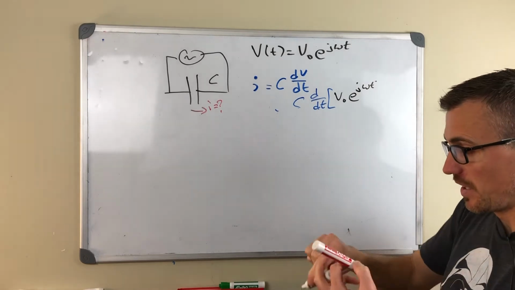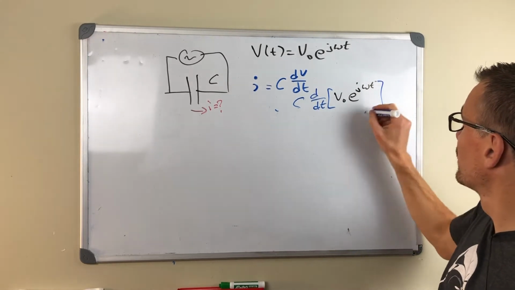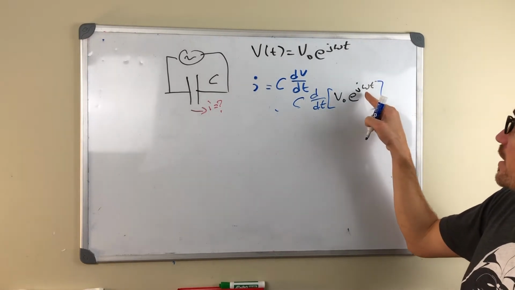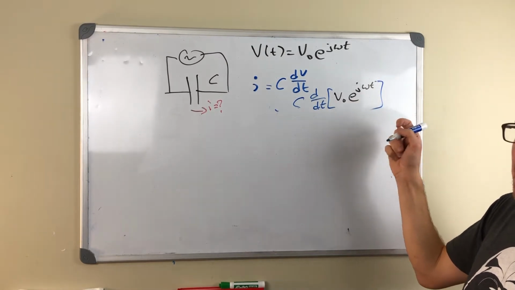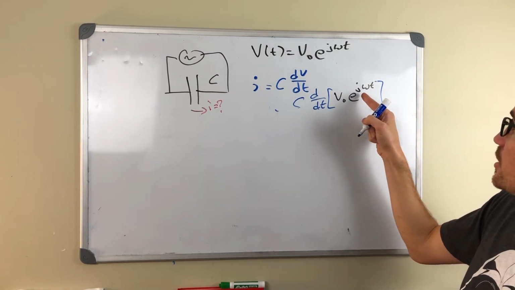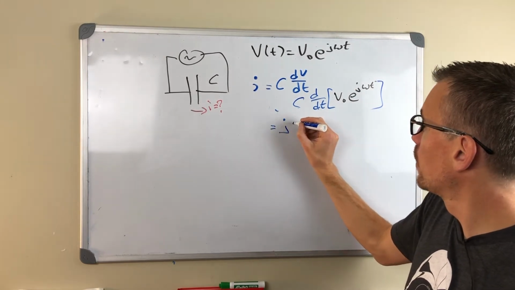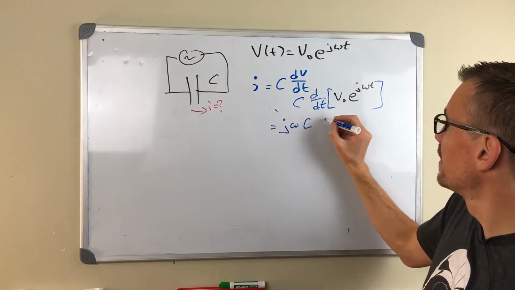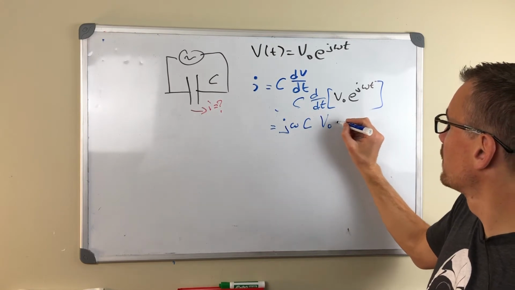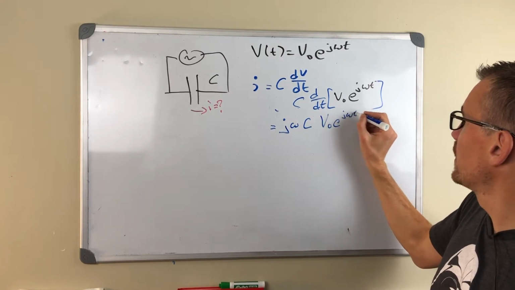This is a fairly simple derivative: the derivative of e to the ax is a times e to the x. So we get a j omega out front, giving j omega C times V0 e to the j omega t.